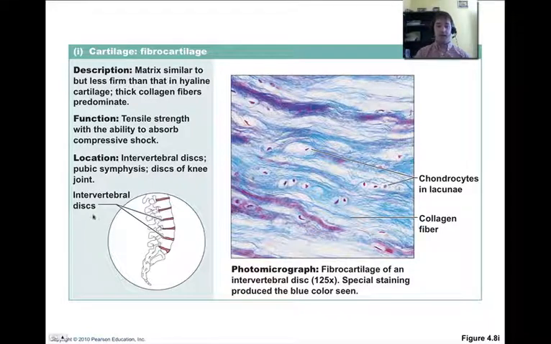The intervertebral discs have a lot of it. The joint between your pubic bones, the pubic symphysis, is made up of a lot of fibrocartilage, and the discs of your knee joint resist that compressive shock. They have a lot of fibrocartilage as well.